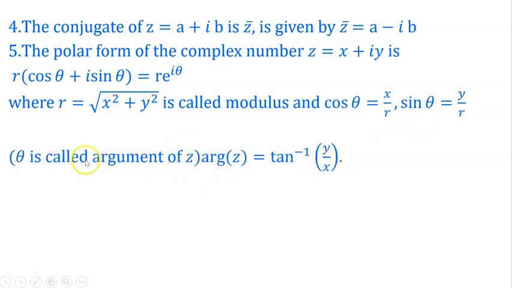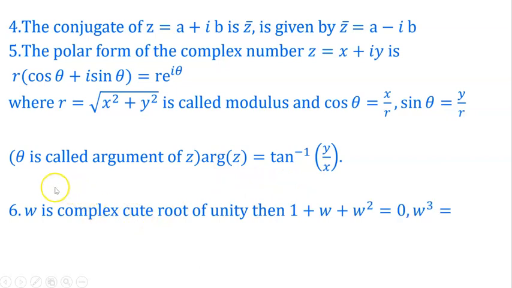Here theta is called the argument of z, and the argument of z is equal to tan inverse of y upon x. Now next, if omega is a complex cube root of unity, then 1 plus omega plus omega square is equal to 0 and omega cube is equal to 1.